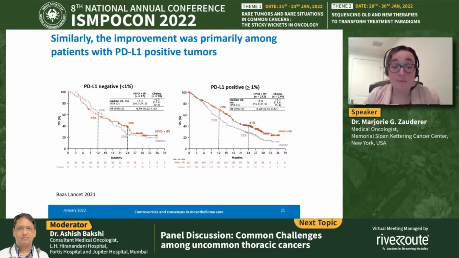It's important, as I mentioned before, to remember that the control arm in the Checkmate 743 trial did not include bevacizumab in the cytotoxic regimen. So it may be underreporting the effectiveness of chemo if you're going to be using triplet chemotherapy.